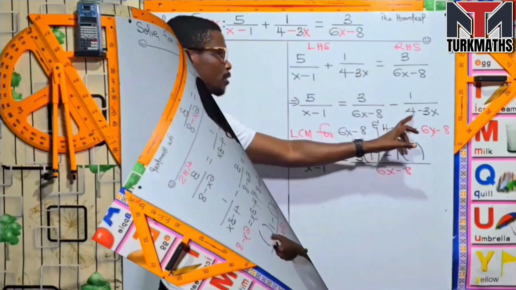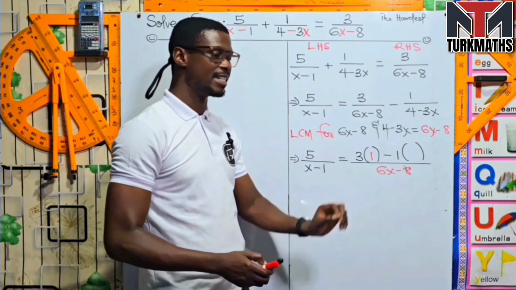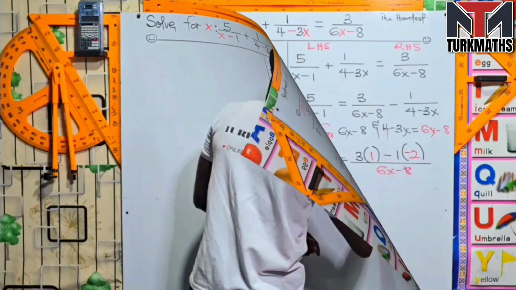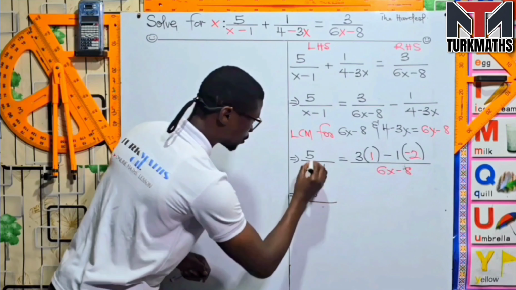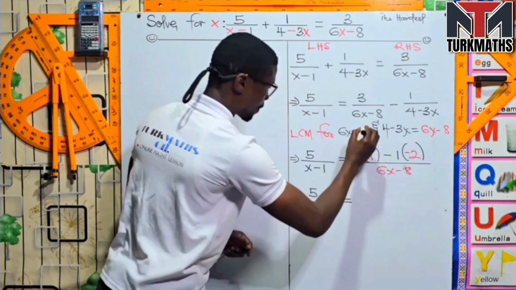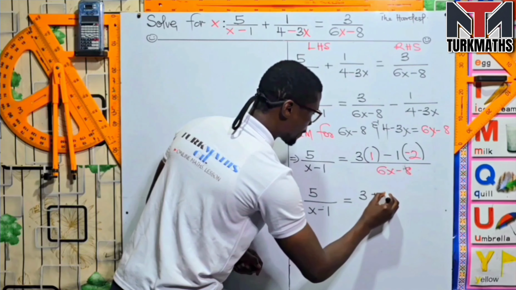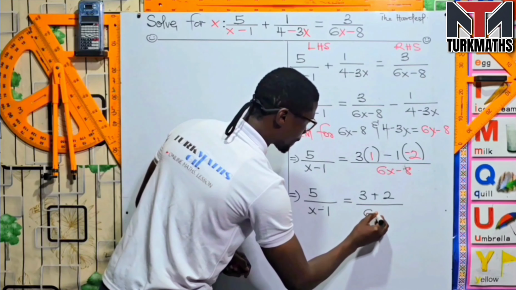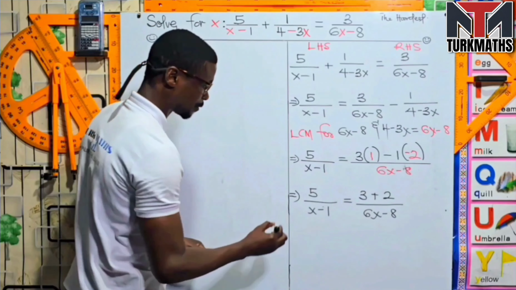The common factor for 4 minus 3x and 6x minus 8 is negative 2. Three plus 2 will give us 5.